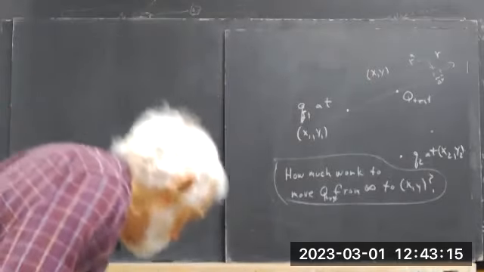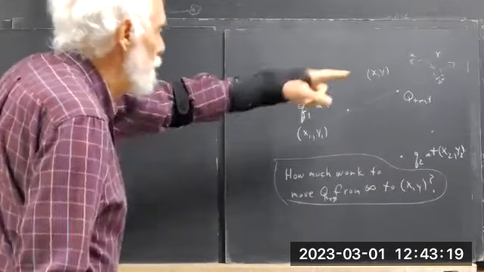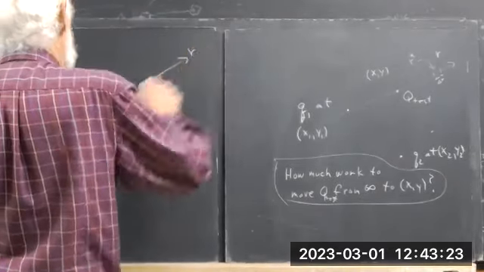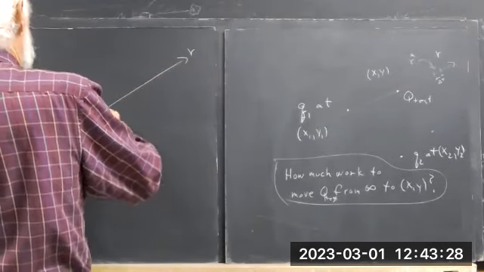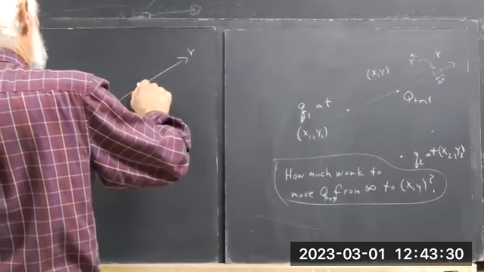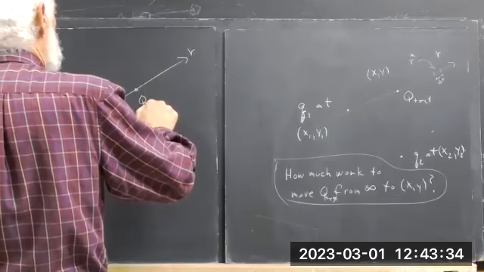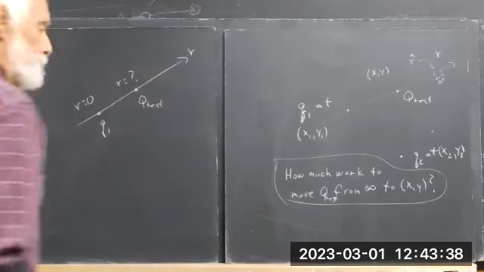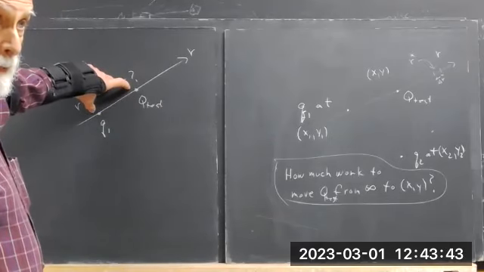Let me come over here and say, okay, here's my R axis. Here's charge Q1 at R equals 0. And here's my charge Q test at R equals 1. Well, how far is it from here to here?